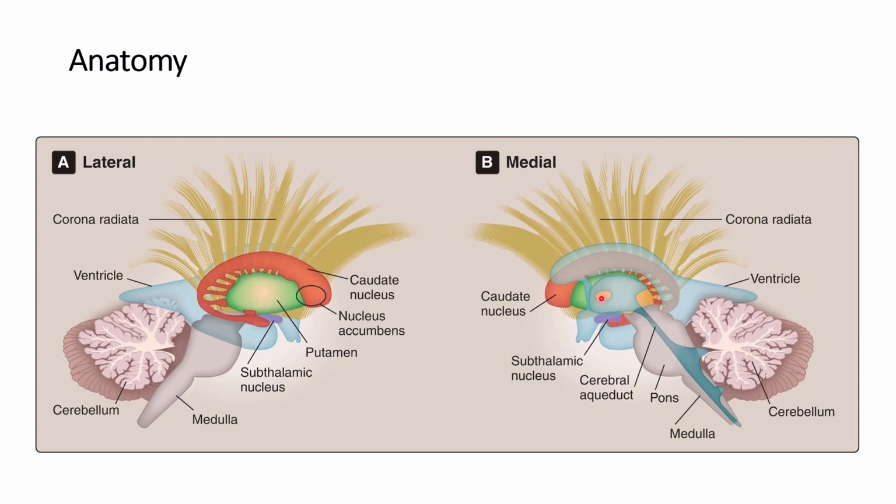This is the interthalamic adhesion. And this structure that you see, that is the putamen. Nucleus accumbens should be around this area. And also substantia nigra is around this area. It's not shown in this image, but it's around here.